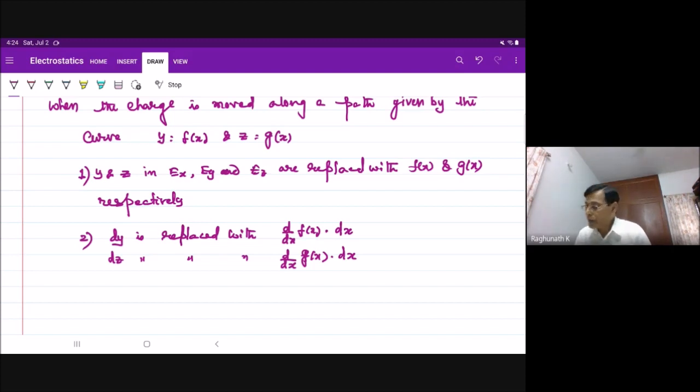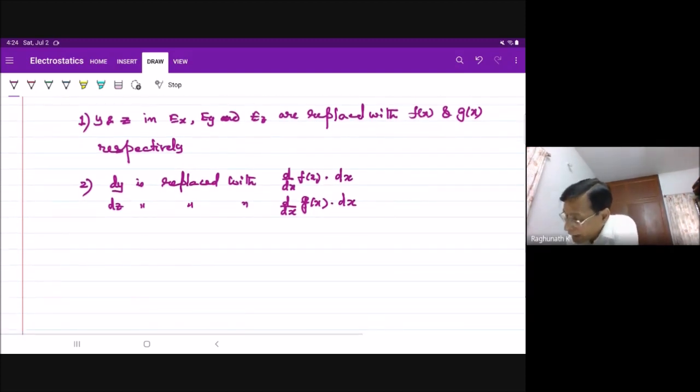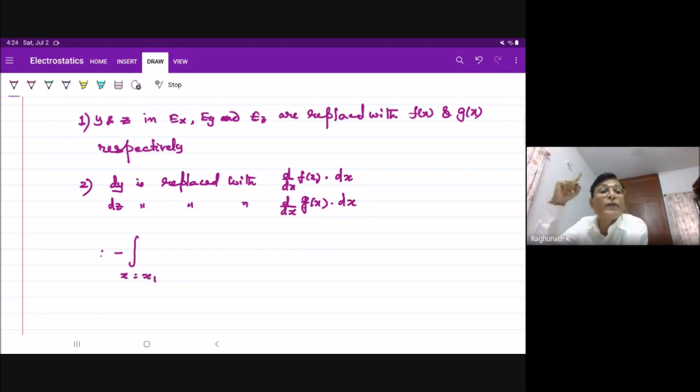So the integral is evaluated as minus integral x is equal to x1 corresponding to x coordinate of A, to x is equal to x2 corresponding to x coordinate of B. Please check, I will explain it if it is required.